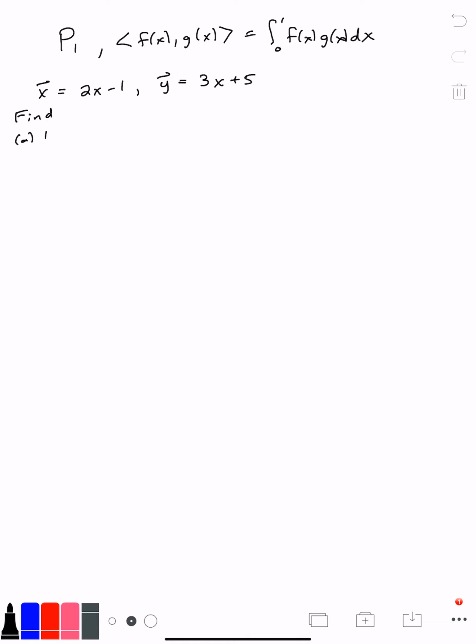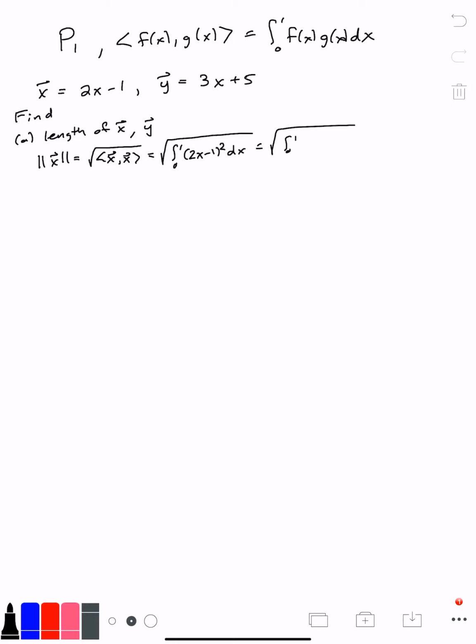First, let's find the length of x and y. So the norm of x, which is the length, is the square root of x inner product with itself. That's the square root of the integral 0 to 1 of (2x minus 1) squared. And that's going to be the integral of 4x squared minus 4x plus 1.